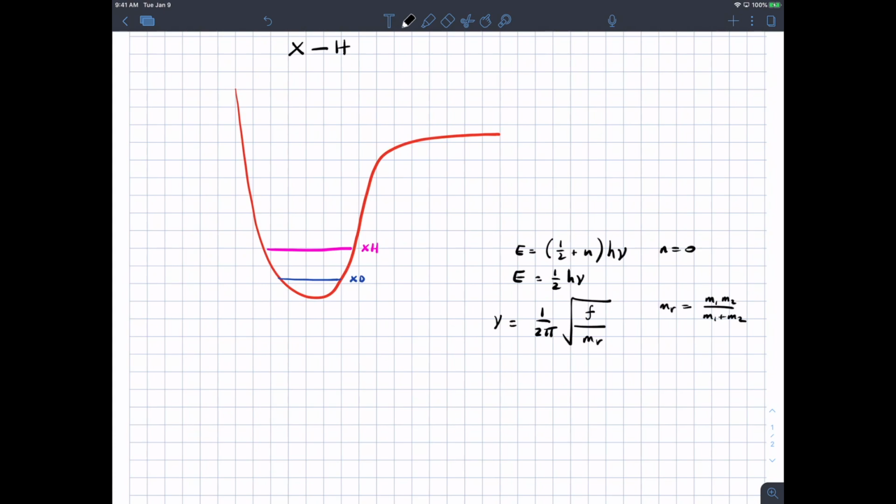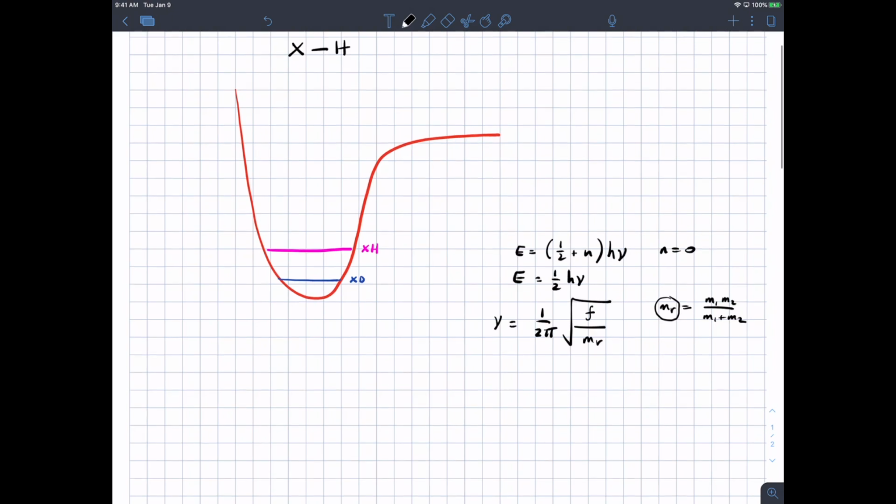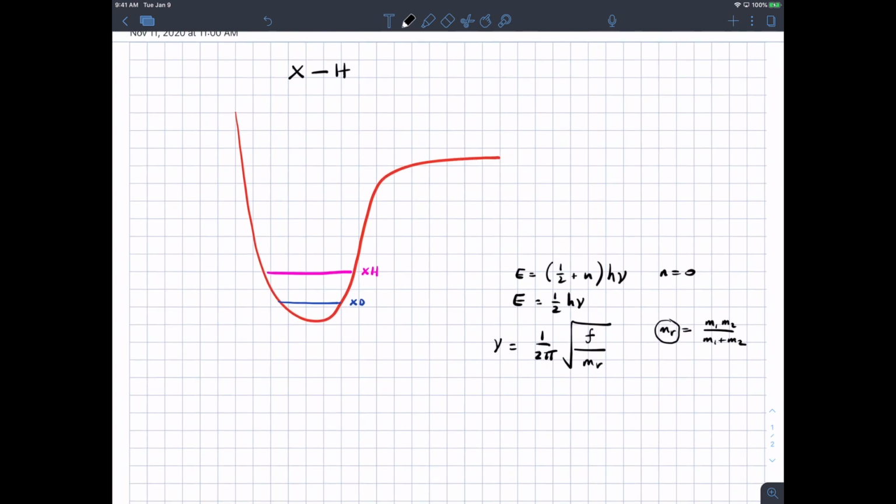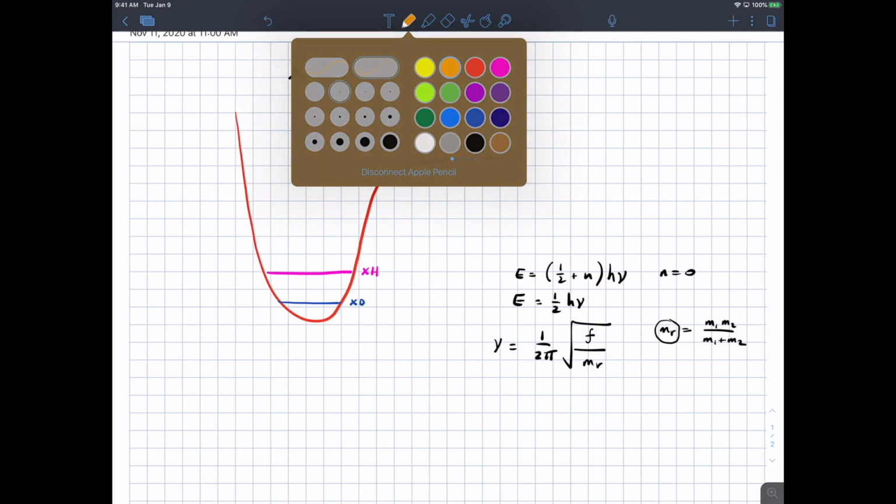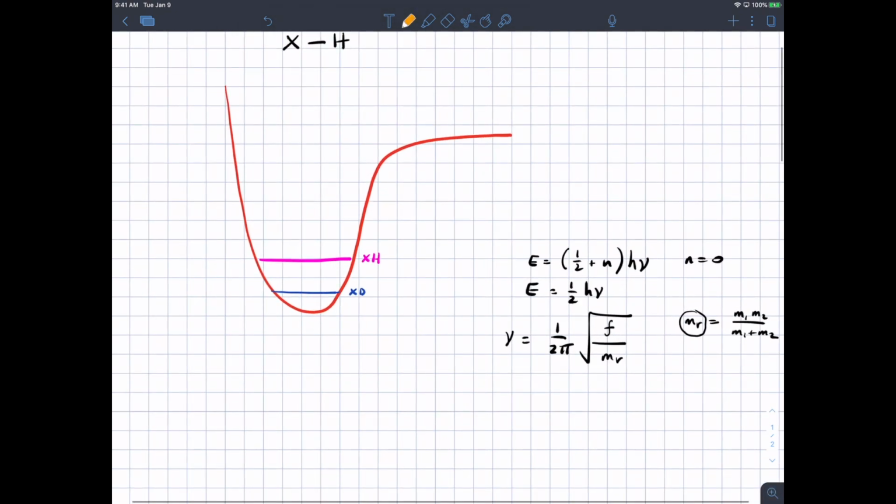And it's this reduced mass that changes a lot when you go from hydrogen to deuterium. You can run the numbers and demonstrate to yourself that there's a difference in the energy levels for n equals 0 for proton versus n equals 0 for deuterium.